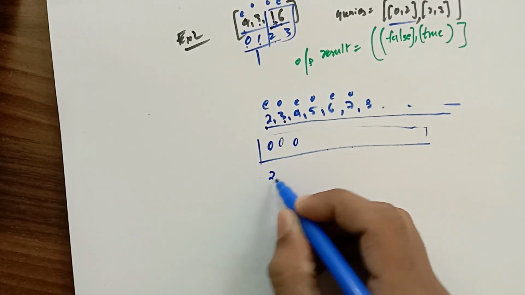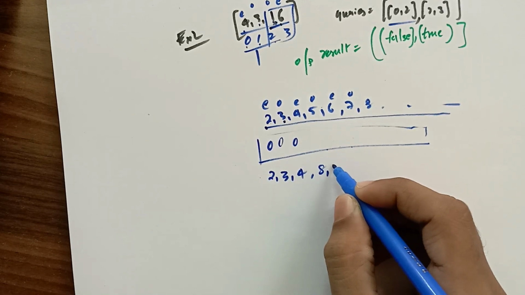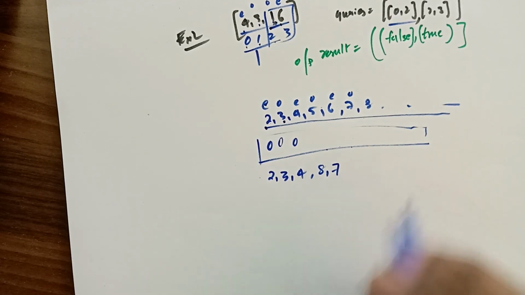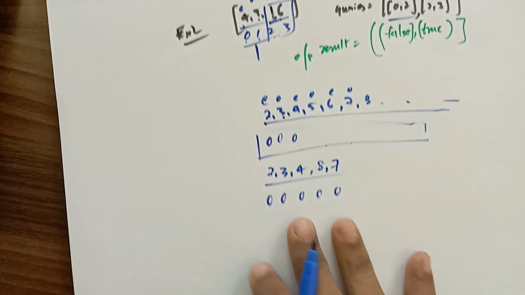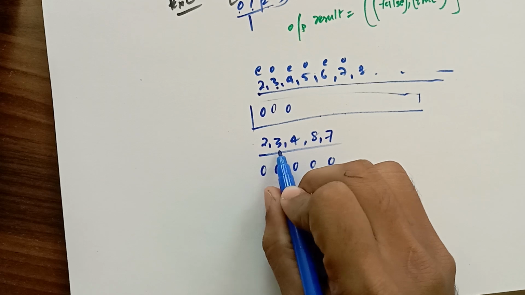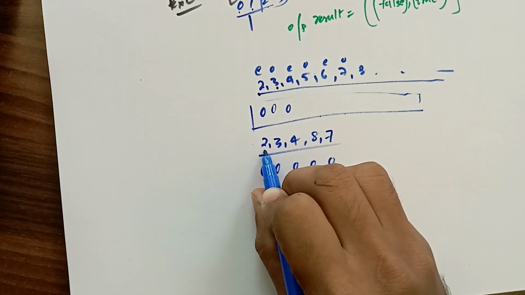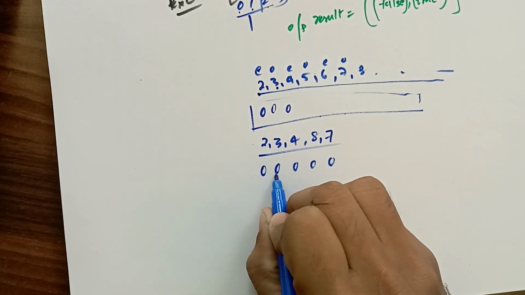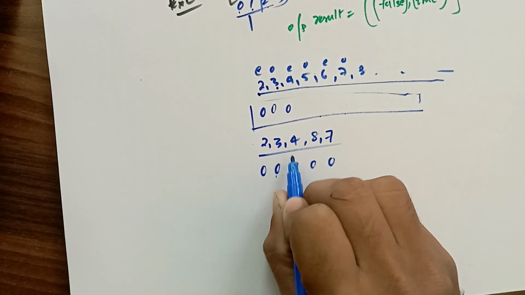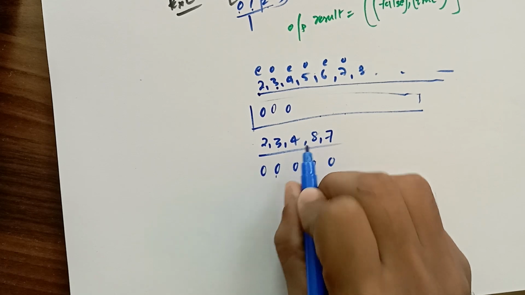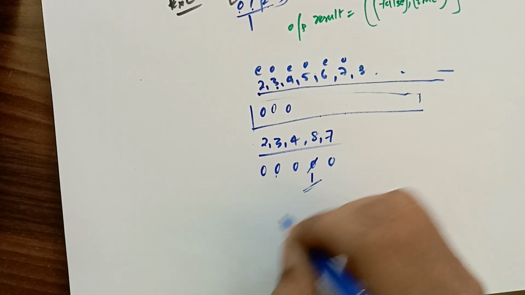Let me take another example: 2 3 4 8 and 7. Let me initialize everything with 0. Now, 3 and 2 have different parity, so let it be 0 itself. 4 and 3 have different parity, so let it be 0 itself. 4 and 8 have the same parity, so I will have 1 here.